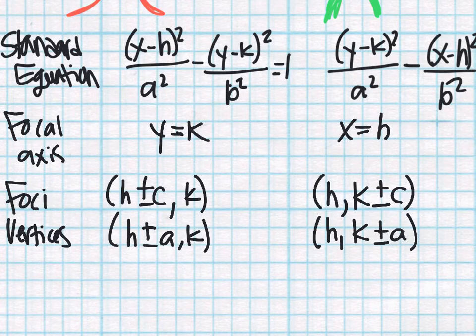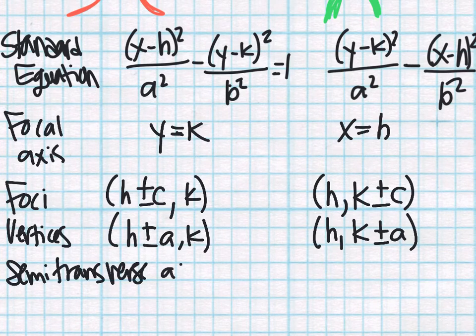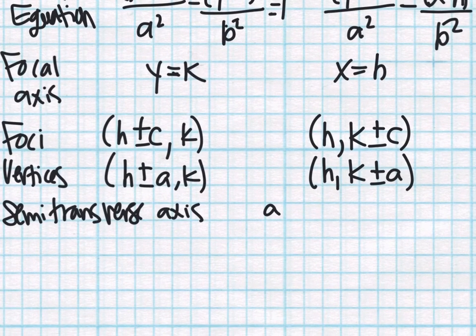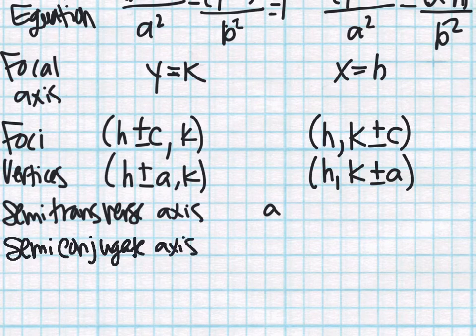Semi-transverse axis for both of these is a. Semi-conjugate axis for both of these is b. Pythagorean relation.